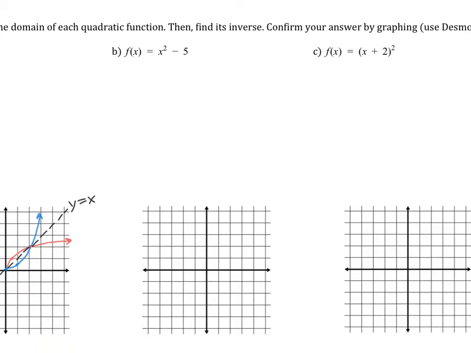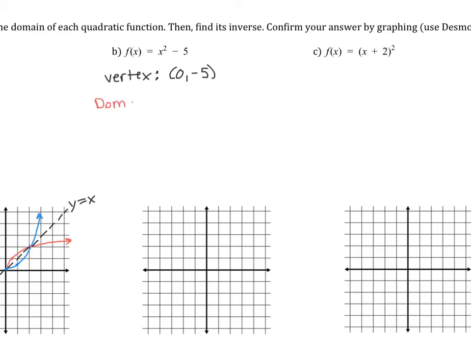So for part B, let's start by finding the vertex. So the vertex of this graph was at 0, -5. Hopefully you remember how to find the vertex of a quadratic. If not, make sure you go back and review that from previous chapters. So again, we're going to restrict our domain to either to the right of 0 or to the left of 0. So let's pick to the right of 0 again.